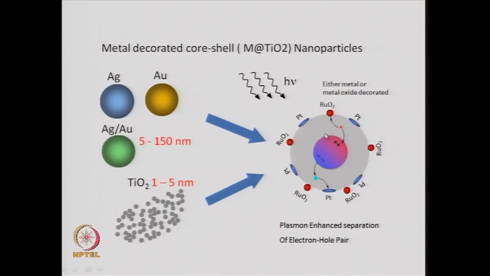And if you have a metal like platinum, then the electron will quickly get separated onto the platinum, and then the hole will reside in the core and the electron will move to the surface. So, you have effectively separated the hole and the electron. If you use an oxide like ruthenium oxide, then it does not take up the electron like platinum does, but it will remove the hole.